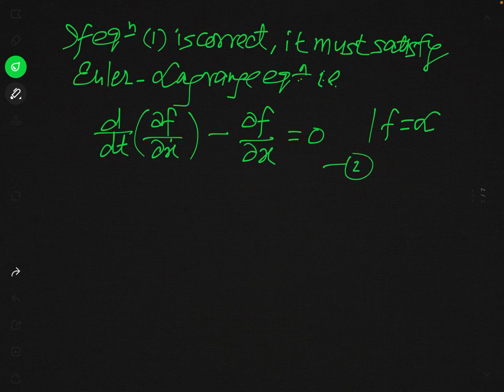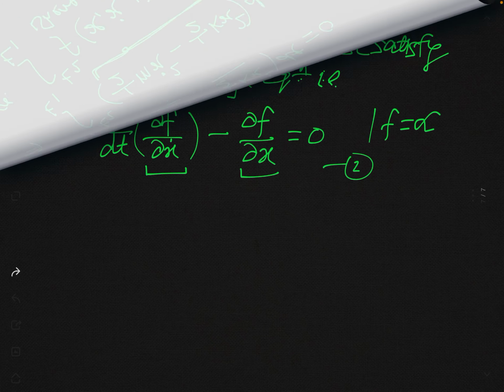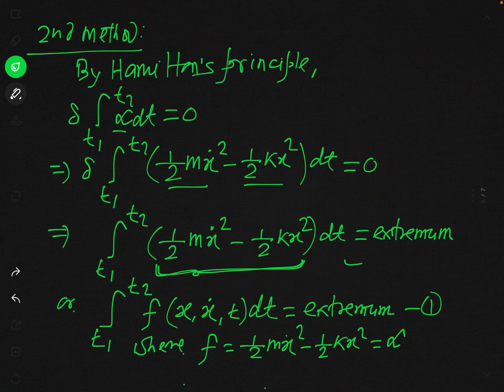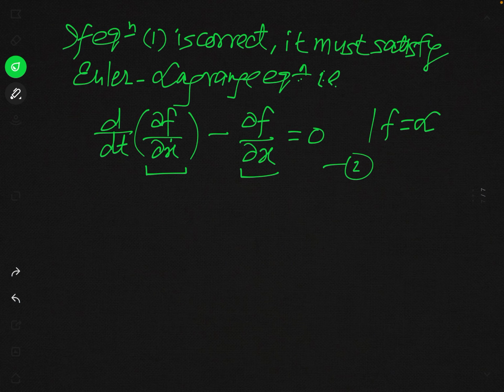Now, first of all, we will find the partial derivatives del f by del x dot and del f by del x. As we have defined this f here, from the value of f, first find these two partial derivatives.